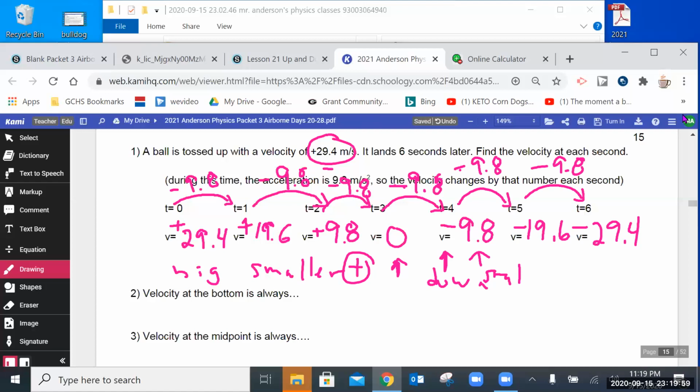Okay, so notice something else about this situation. Number 2, the velocity at the bottom is always the same number, same digits, but the opposite sign of the launch.